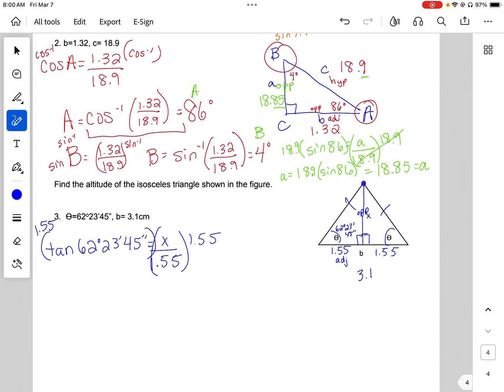And then 23, go back to angle, minutes, and then 45 seconds. And then close your parentheses. Okay. And that comes out to be 2.96. And it would be centimeters. All right, that is it for our note.